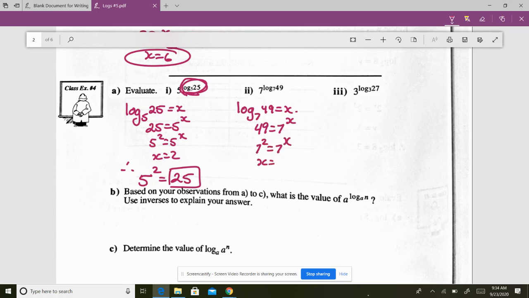So x is equal to 2. So the actual value is 7 squared, which is 49, because we see a pattern.